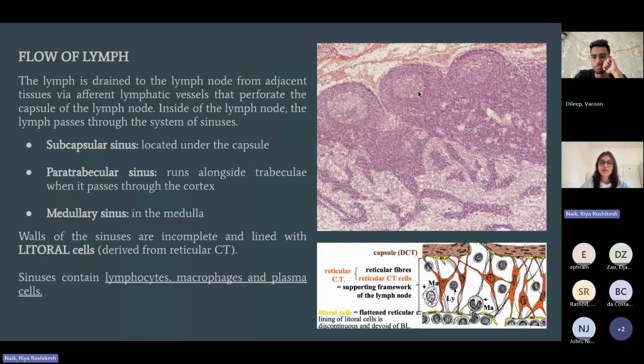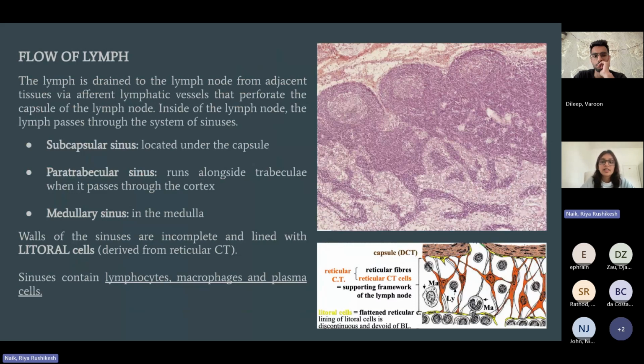So the lymph enters the lymph node from the afferent lymphatic vessel, and there's a capsule on the outer side of the lymph node. This afferent lymphatic vessel pierces the capsule, and that's how it enters the lymph node. Then it flows into a bunch of sinuses. There are three types of sinuses: the subcapsular sinus, paratrabecular sinus, and medullary sinus.